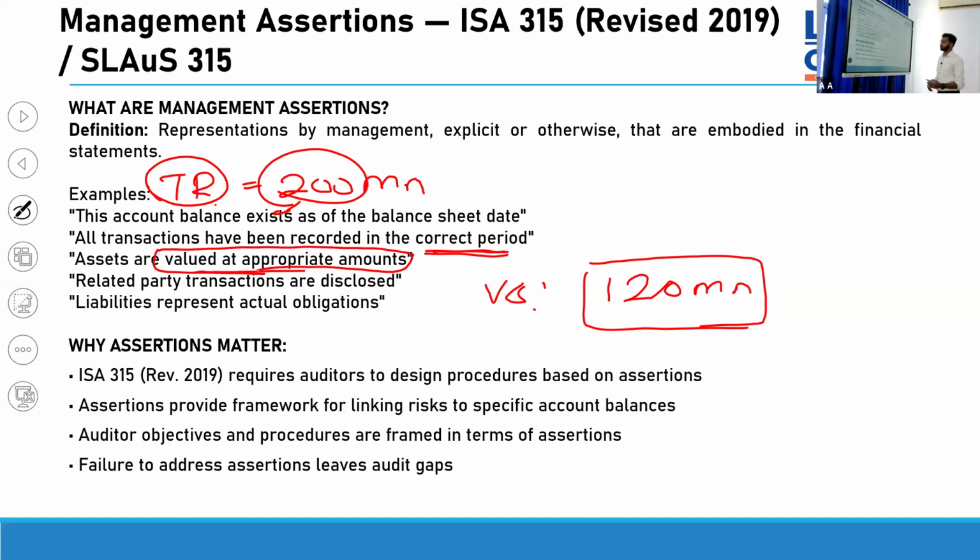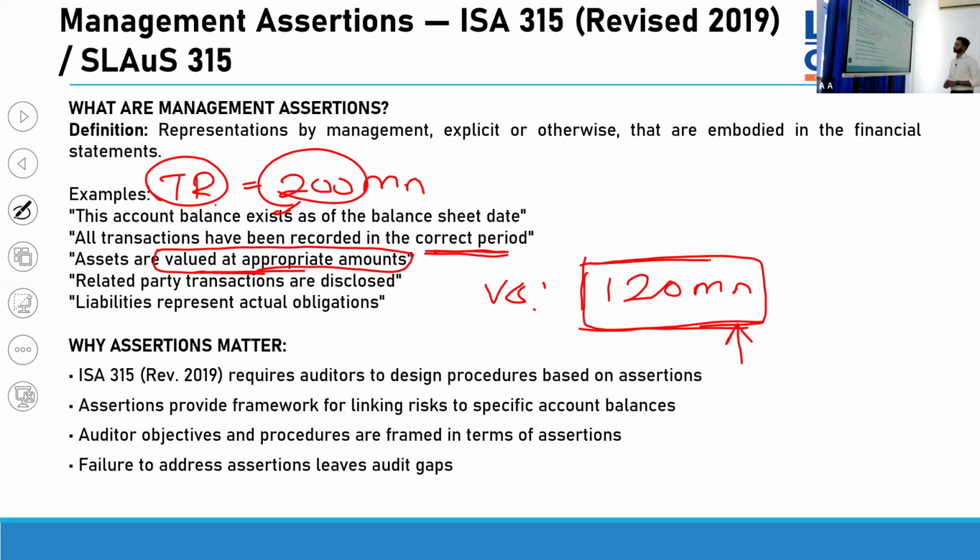They are not writing under this amount that these amounts are appropriately valued by the valuator. They don't do such a thing. But if they provide any figures in the financial statement, they are providing some representations.